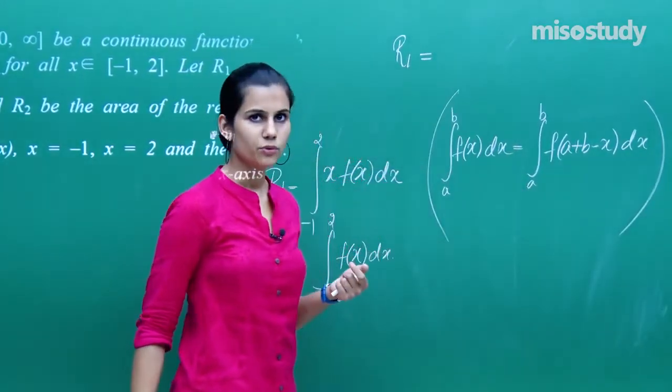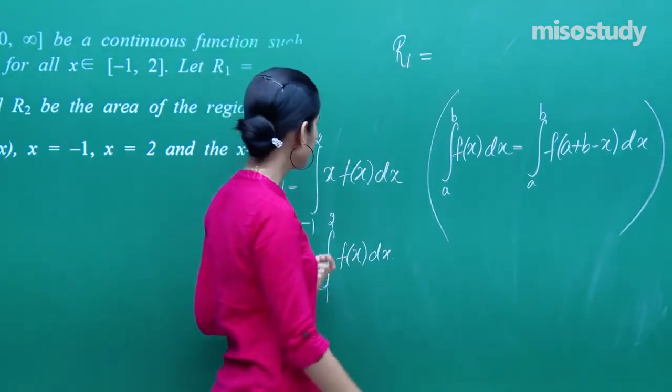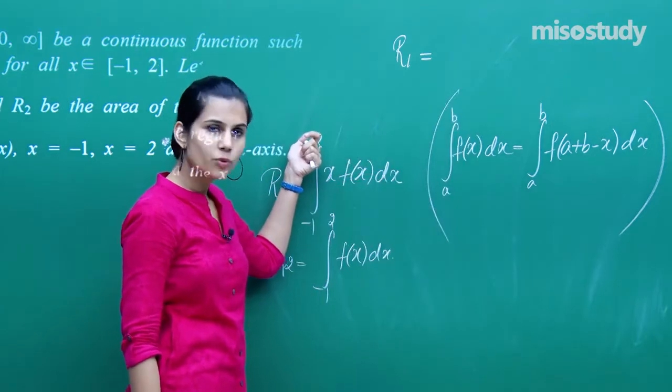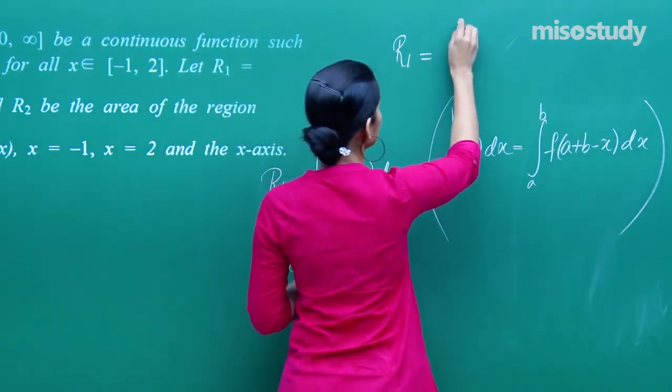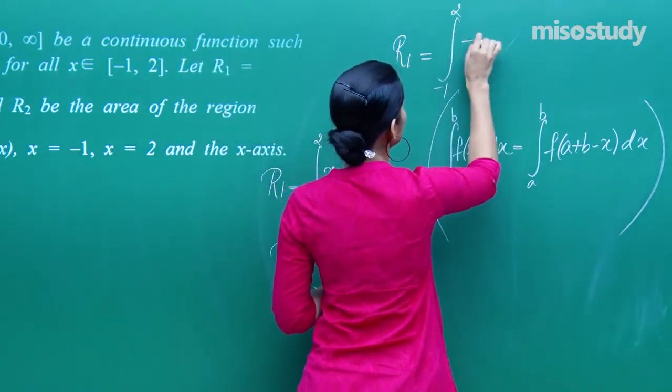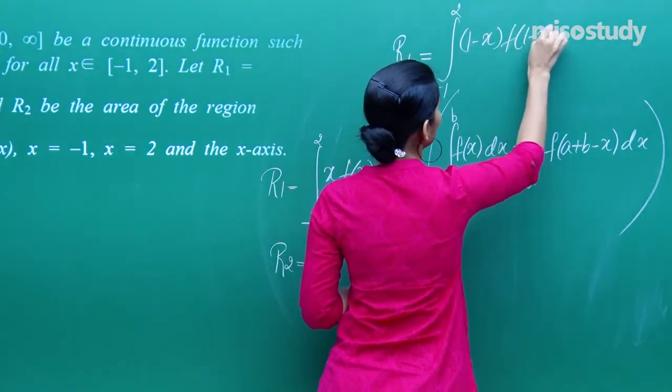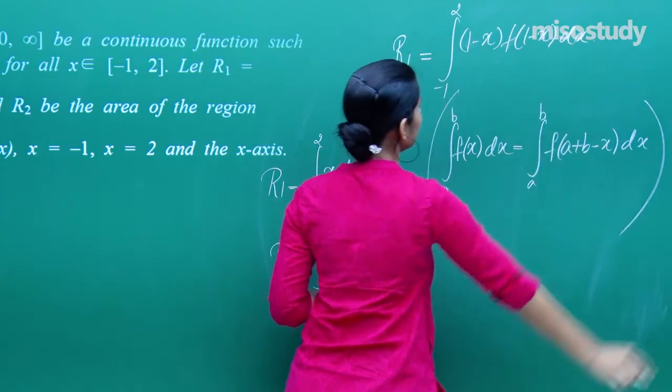This property we know, very important for definite integrals. So from here you are going to get minus 1 plus 2, which is 1 minus x. This is equal to integral of 1 minus x times f of 1 minus x dx.